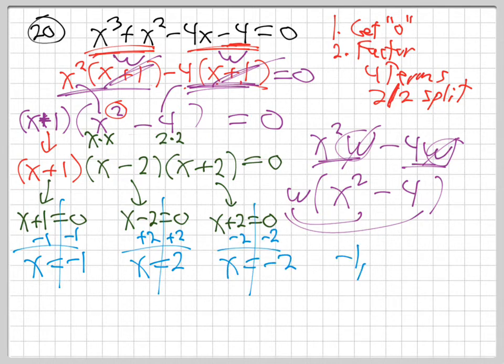There's our 3 answers, -1, 2, minus 2. Any order, you can put those in any order. Math Excel wants all 3. Again, look, in x to the third power, 3 answers, huh? We should expect 3 answers when we see x to the third power. Questions on that one?